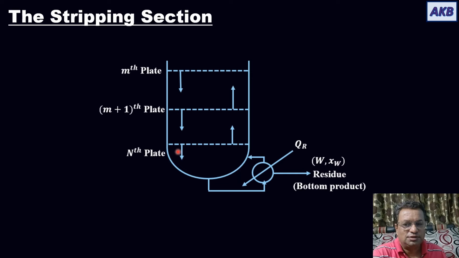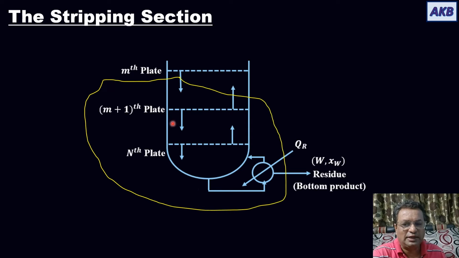Okay. So now let us use a few notations. Again, I'm showing the stripping section: the mth plate, (m+1)th plate, (m-1)th plate. Now what are the streams associated? Before that, let us draw the envelope for which we are going to do the analysis. So here the streams are named in this way.